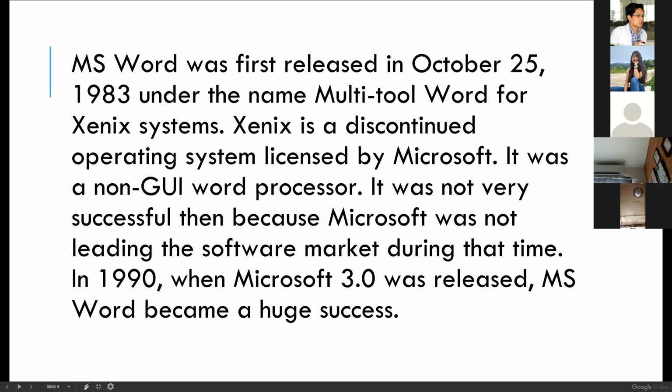This is to create documents, to edit documents, to format, print, and to save. This is the MS Word. Grade 7, what are the features of MS Word? There are 5.